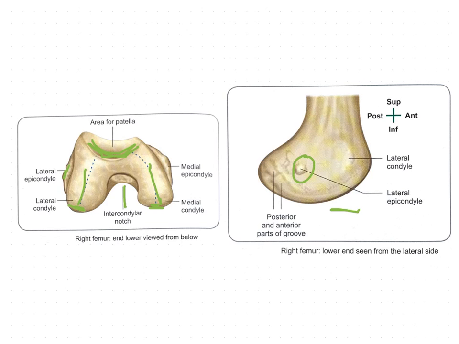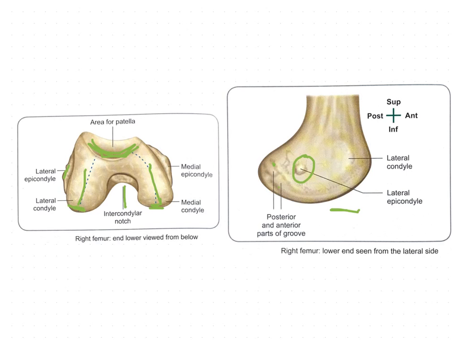Two grooves are present, posterior and anterior. Normally the anterior groove gives attachment to the popliteus muscle.